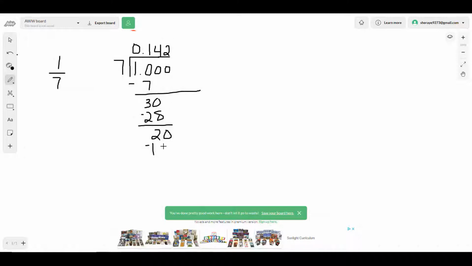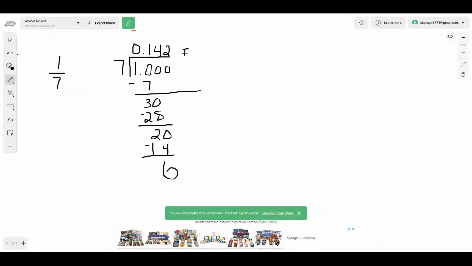Minus 14 gives a remainder of 6. Now, you could keep going. And it says on 167, right underneath where they did this, if you keep dividing, you'll end up with that long number right there, 0.14285714285. But for our purposes, let's just round the answer to the nearest hundredth.